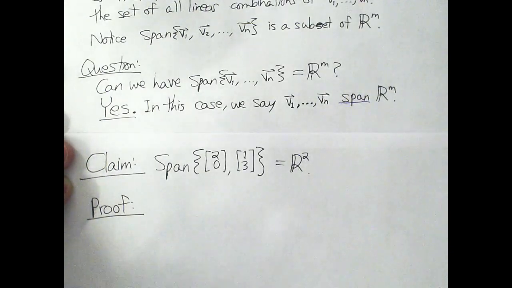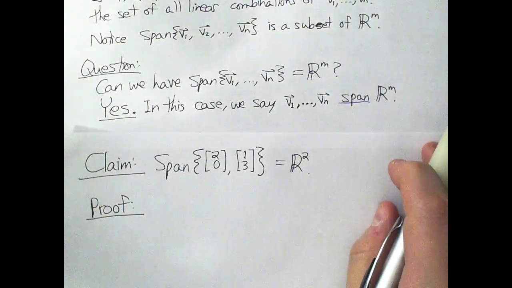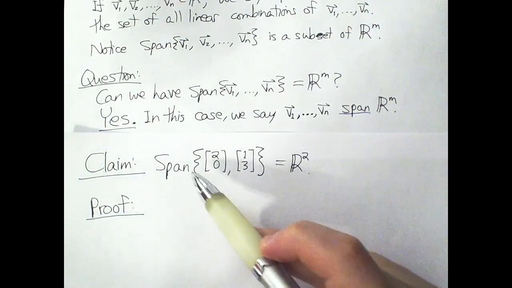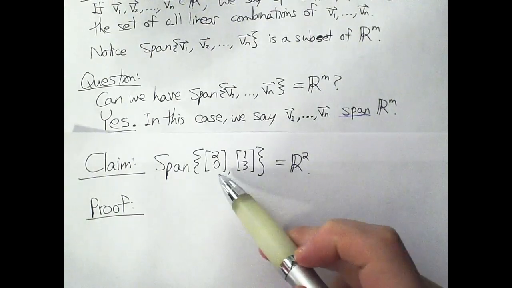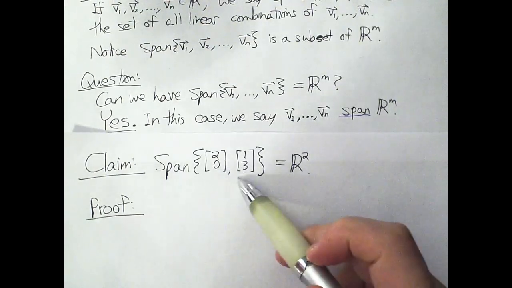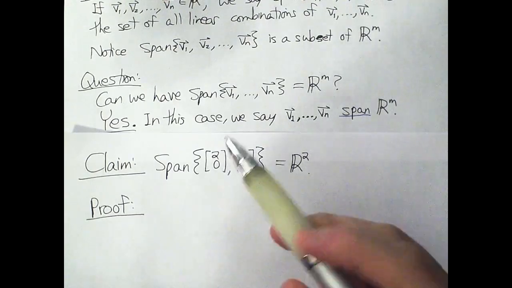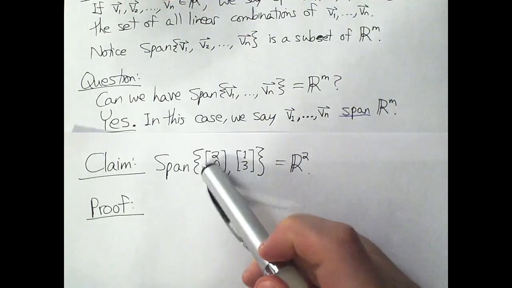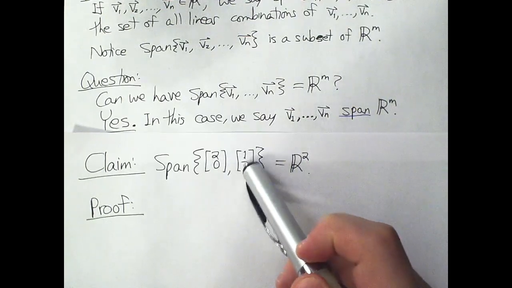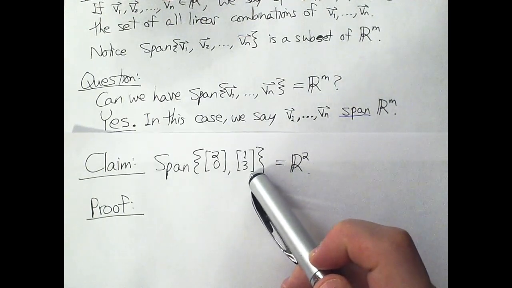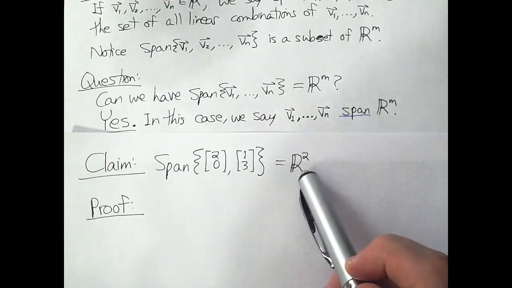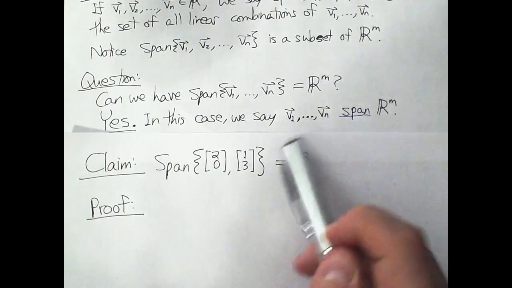I just want to make sure we understand what we're trying to prove here. We're saying that the span of these two vectors is every linear combination of these two vectors. So what does a linear combination of these two vectors look like? It would be a constant times the first one plus a constant times the second one. I'm saying that when we set things up in that form, we can get all of R2.